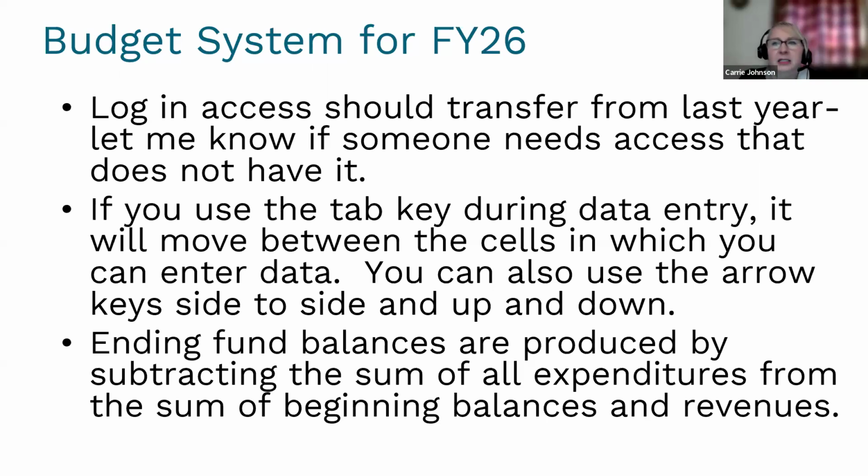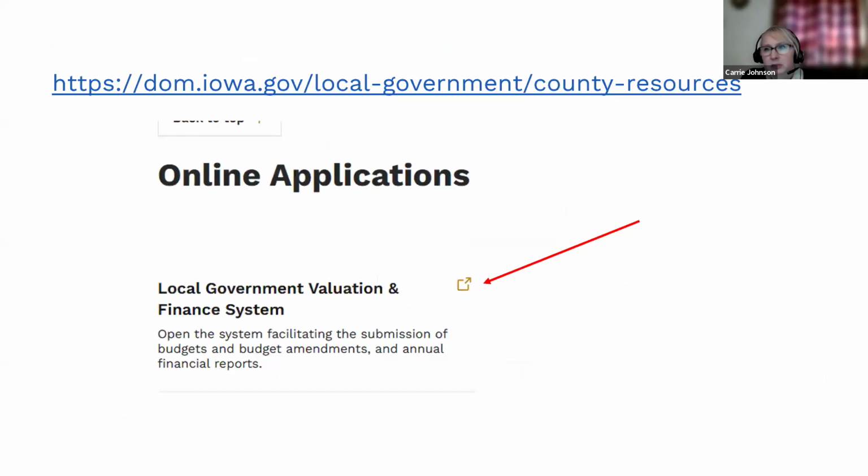And ending fund balances are produced by subtracting the sum of all expenditures from beginning balance plus revenues. So just if you're curious how an ending balance is arrived at. Again, it's an online application that you do all the things with us. One login there and you can access valuations, current year budget amendments, all the things, your budget itself.